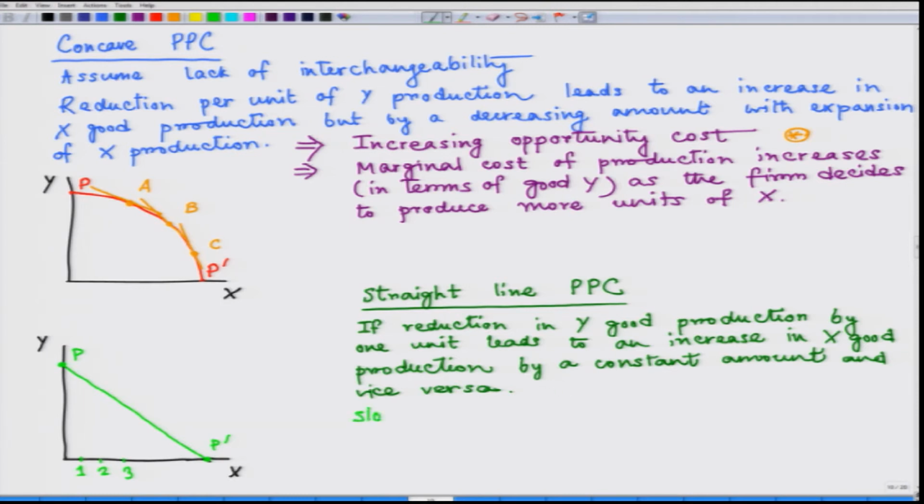So, again the slope of PPF or PPC, this time it is constant, it gives the opportunity cost of the firm.